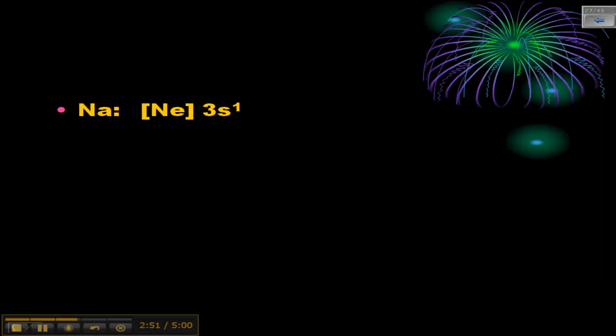Remember that our noble gas in brackets accounts for that many electrons. So putting neon in brackets accounts for the first 10 electrons. So our first 2 after 10 go into 3s2, and then 3p4 finishes us out because sulfur is in the p4 column and it's in the third row.